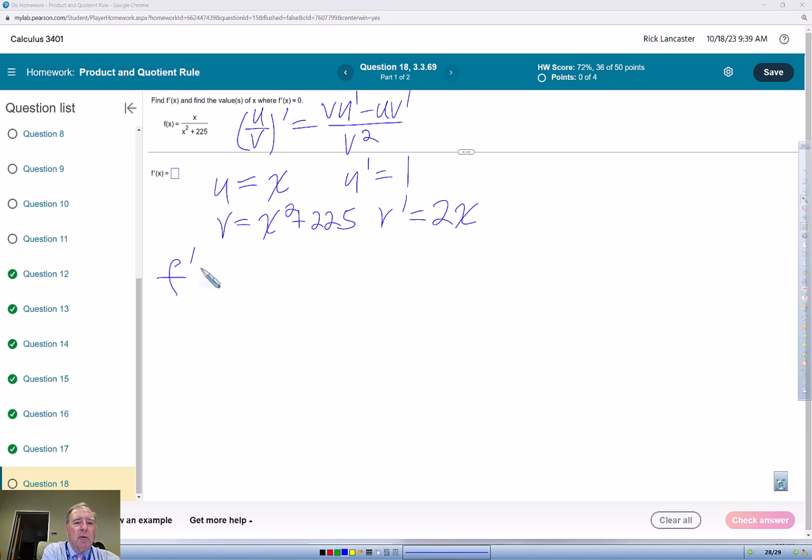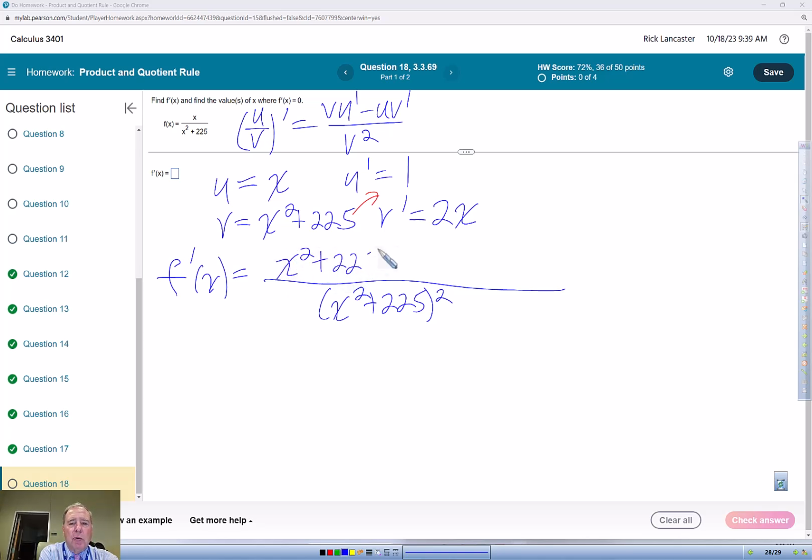We'll now go get the derivative. So we'll have a denominator of x squared plus 225 squared. Then we're going to cross multiply this way. So that's just going to give us x squared plus 225, then minus x times 2x, which we probably could have done in our head.